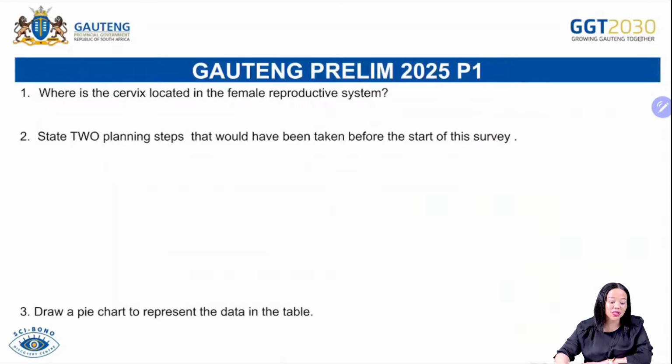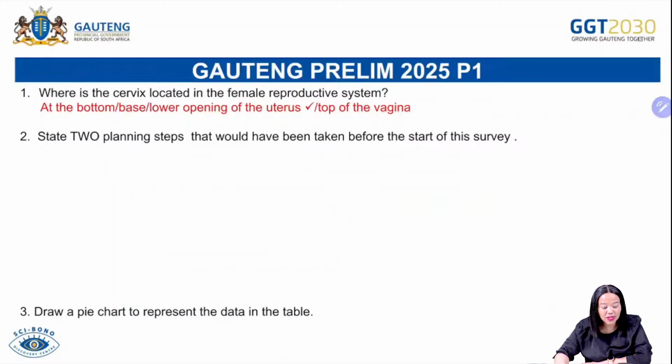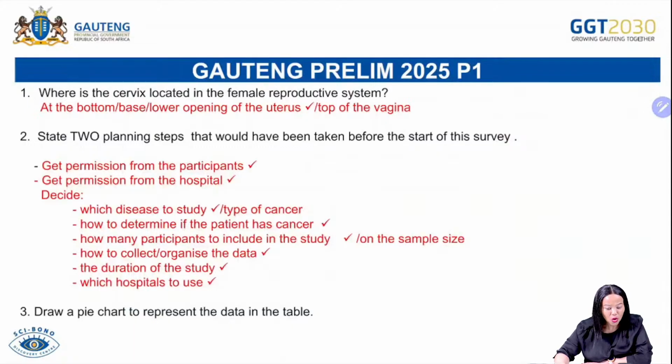The first question here says, where is the cervix located in the female reproductive system? One can say at the bottom, at the base or lower opening of the uterus, or at the top of the vagina. State 2 planning steps that will have been taken before the start of this investigation.